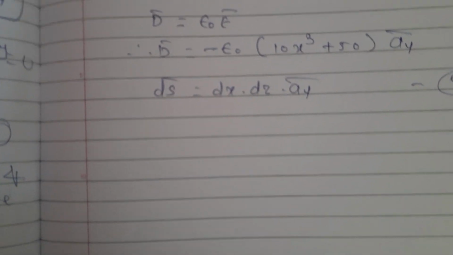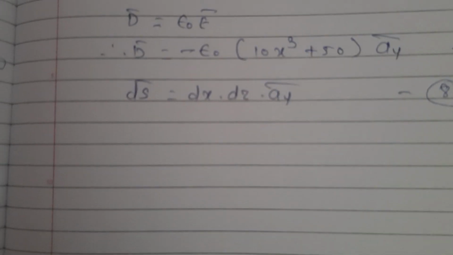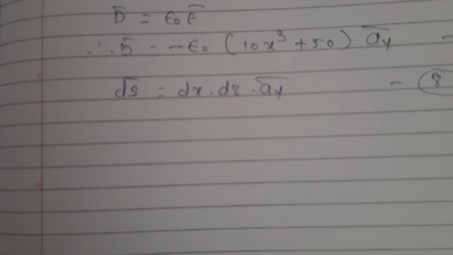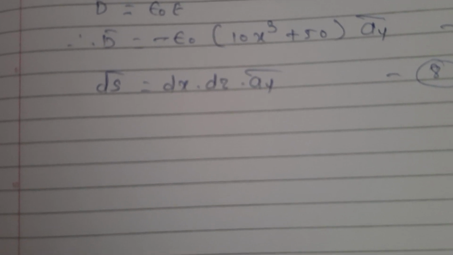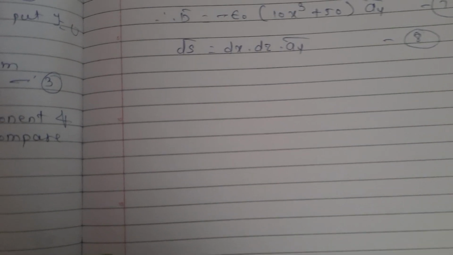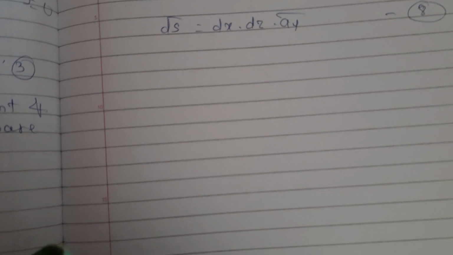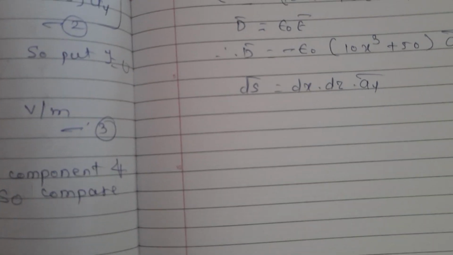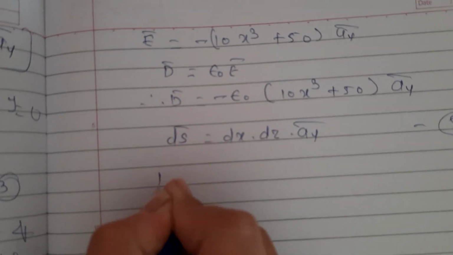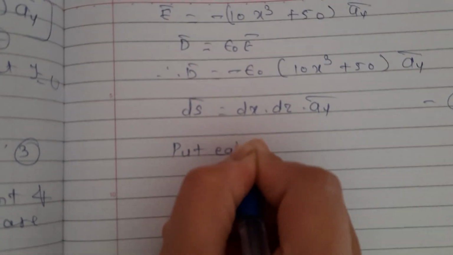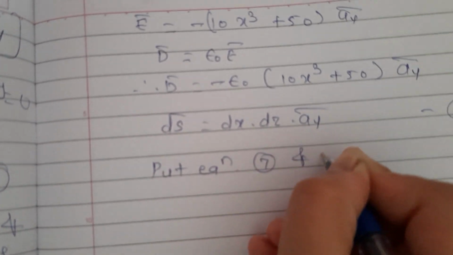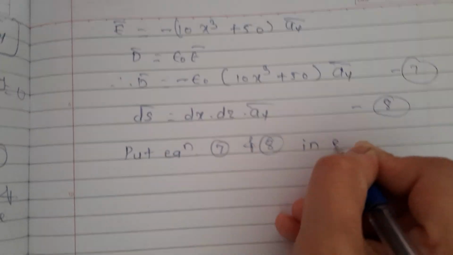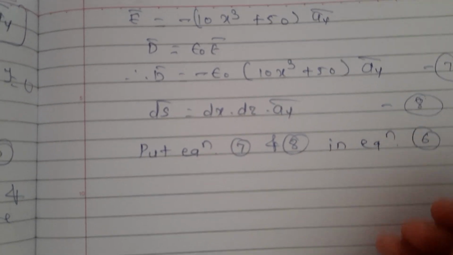The direction of D bar is ay bar, so the direction of dS bar must be ay bar. Delete the term related to ay bar, that is delete dy, and take the multiplication of the remaining two, that is dx and dz. Now put equations 7 and 8 in equation 6.